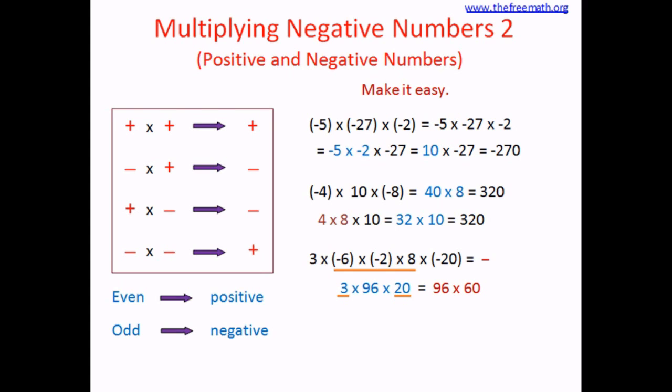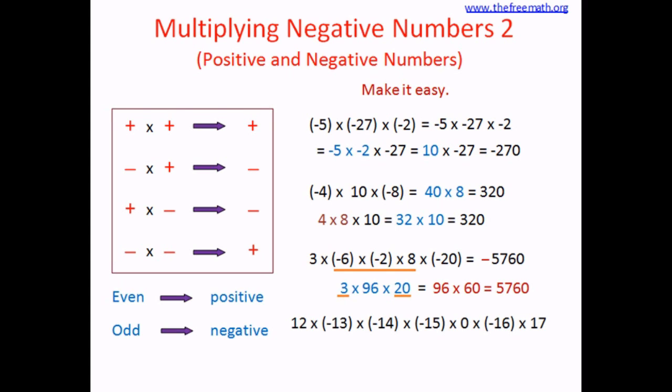That means multiply 96 by 6 and put an extra 0 after that. So 96 multiplied by 60 equals 5760. Remember, we have 3 negative numbers in the problem, and that's why we have already written the negative sign. So after the negative sign, I'm going to write 5760. So the answer is negative 5760.